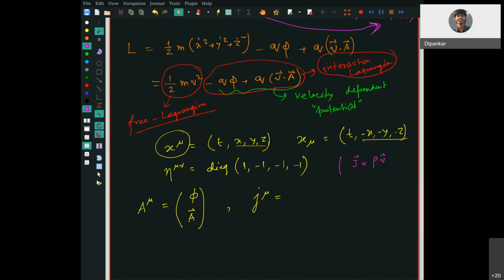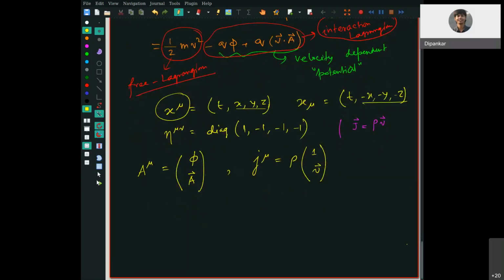Even if you do not understand it right now, just check that it will be like this: rho times 1, and then v.